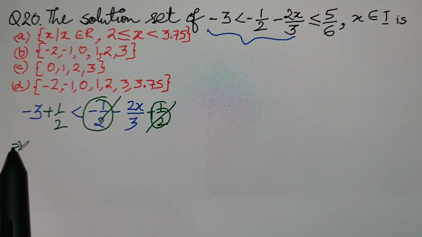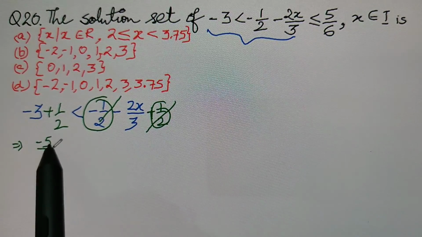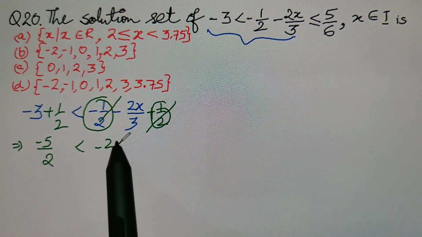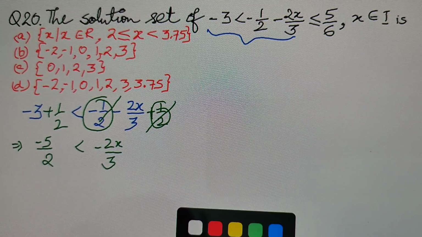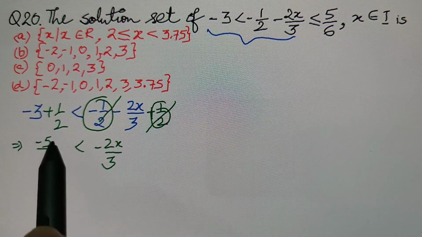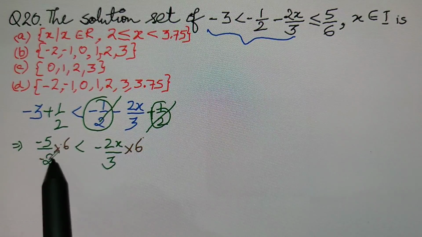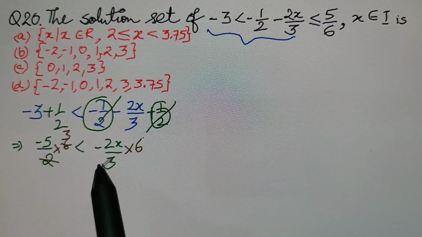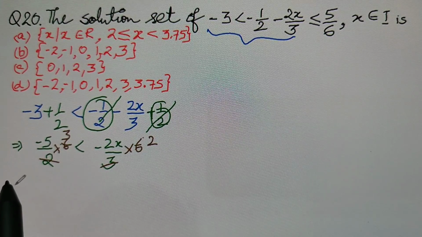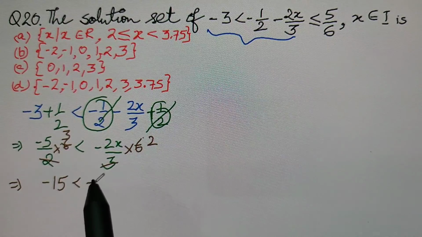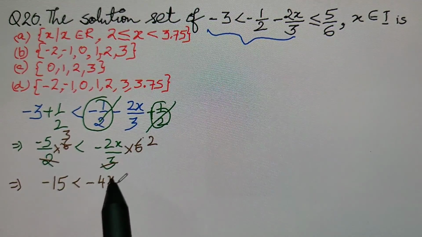If I solve this, I get minus 5 upon 2 less than minus 2x upon 3. If we multiply both sides by 6, this is 3 times and this is 2 times. I get minus 15 less than minus 4x.